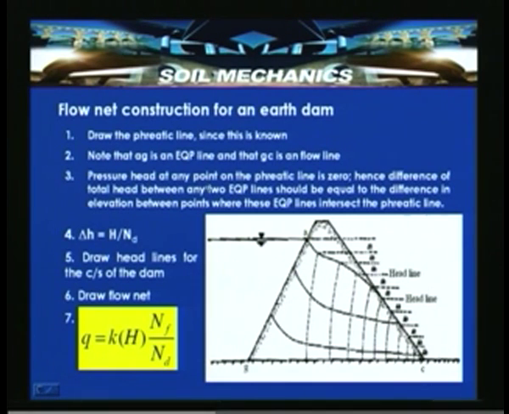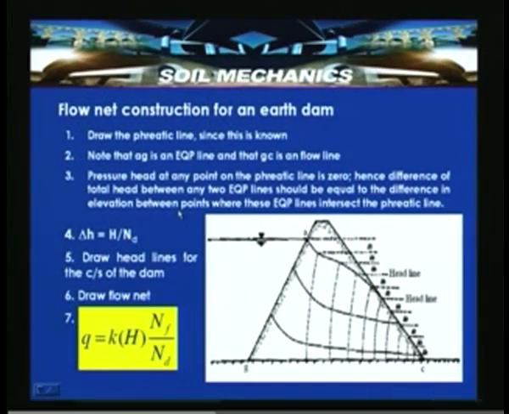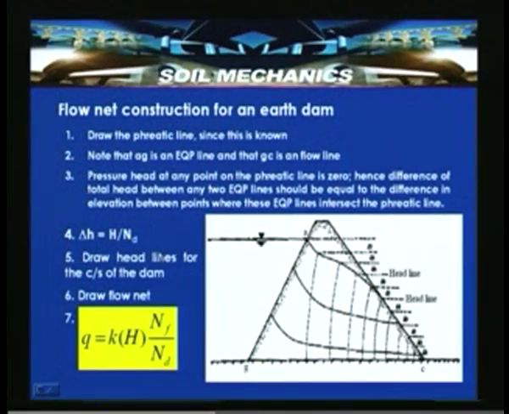The pressure head at any point on the phreatic line is 0, hence the difference of the total head at any two equipotential lines should be equal to the difference in elevation between where these equipotential lines intersect the phreatic line. As the pressure head at these points is 0, the difference in elevation between points where the equipotential lines intersect the phreatic line can be taken as potential drops. So delta H is equal to H by Nd, where Nd is the number of potential drops.